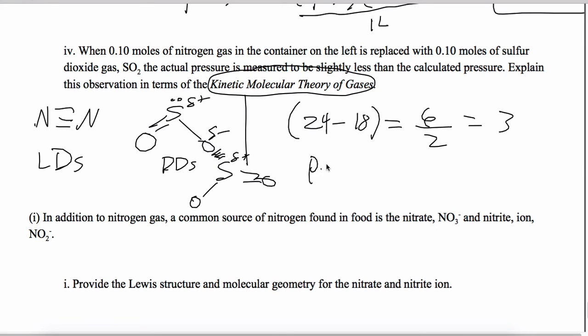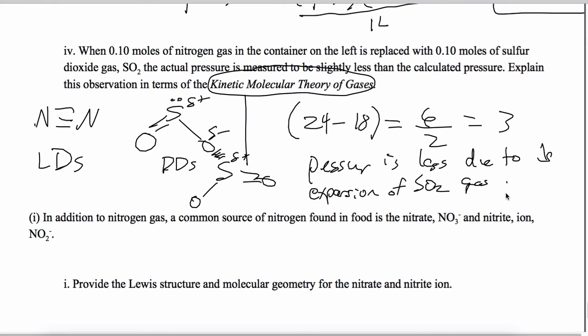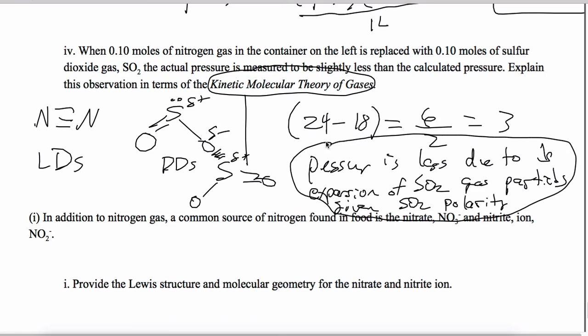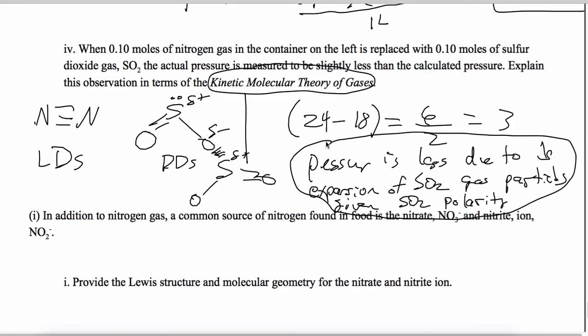Okay, so the pressure is less due to decreased expansion of SO2 gas particles, given SO2's polarity, and thus its dipole-dipole forces. So when you have an ideal gas, and we saw this a lot with water vapor, it doesn't exhibit or exert that great of a pressure on the environment.